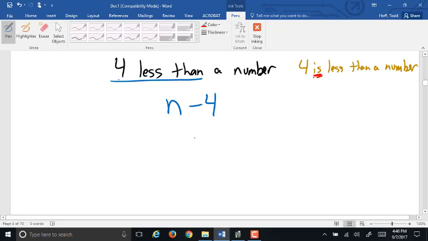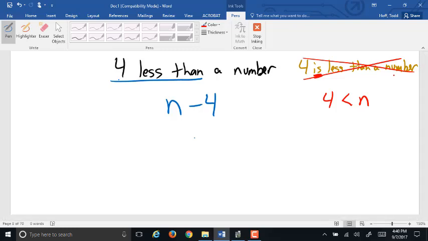That very little word "is" has a very big impact here. 4 is less than a number would be this: 4 less than symbol a number. That's not what we're talking about here. For what we're going to do in this class, we're not going to do anything like that with less than or greater than symbols, because we're trying to represent things that we can put into an equation later and use to solve.